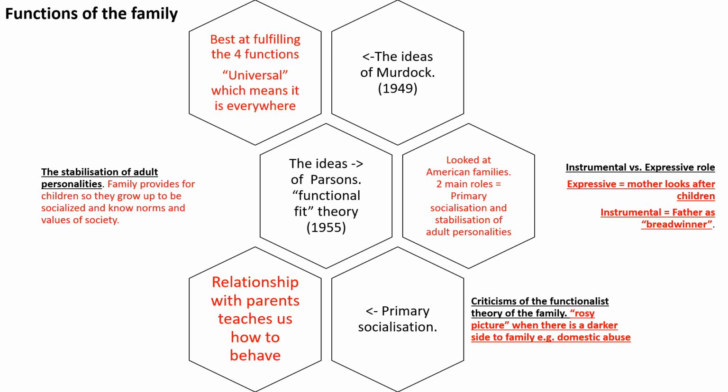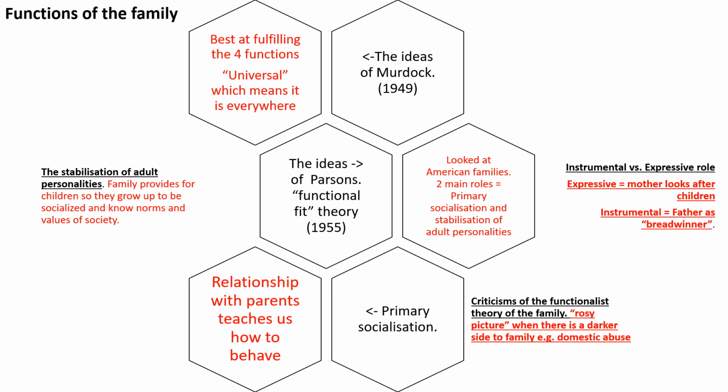Reflecting US society at the time, Parsons saw mothers as playing the major role in the process of nurturing and socialising children. He believed men and women were biologically suited to certain roles. Women to the expressive role and men to the instrumental role.